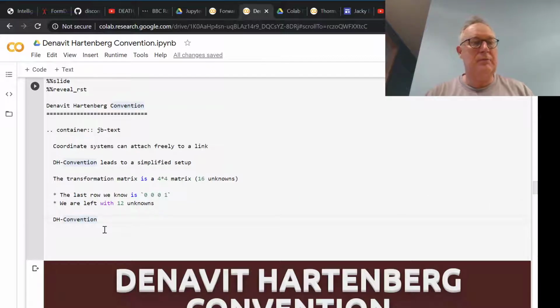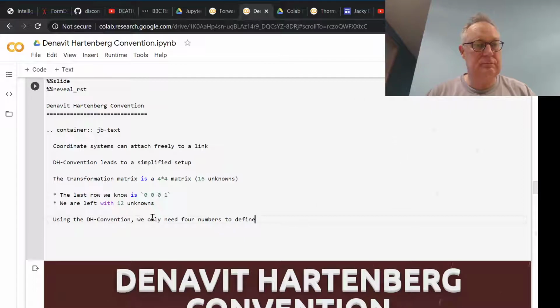So the Denavit-Hartenberg Convention comes up with a clever way so that we only need 4 numbers to define the transformation matrix.